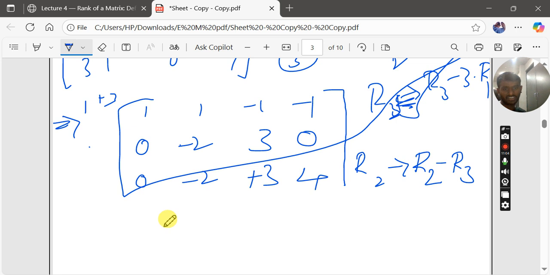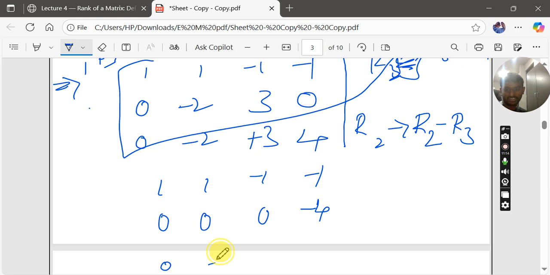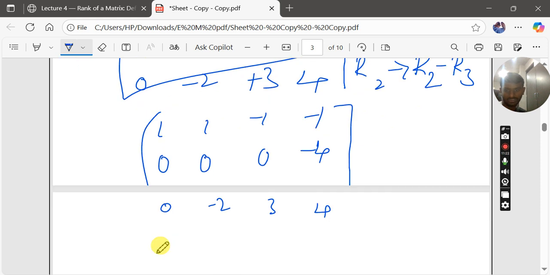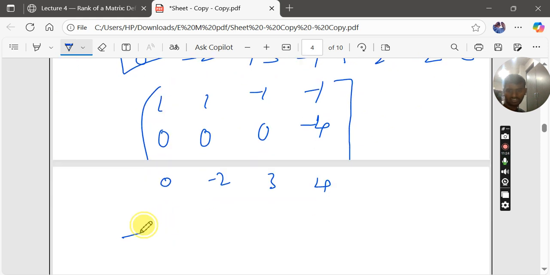Again here, let's try 1, 1, minus 1, minus 1, 0 and 0 and 0, minus 4, and again 0, minus 2, plus 3 and 4. Okay, so again what is the next step here?